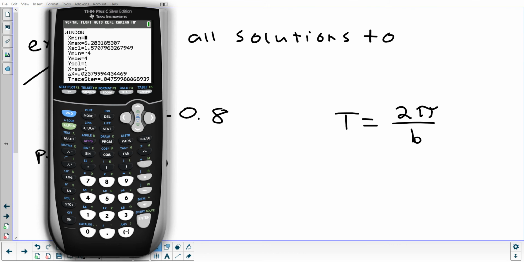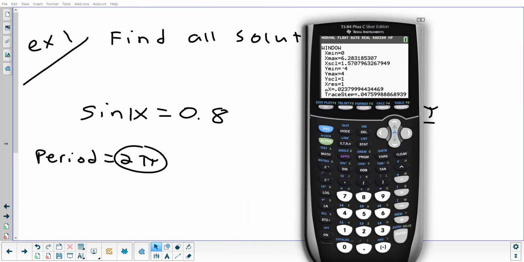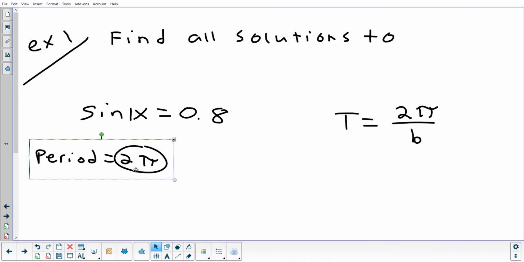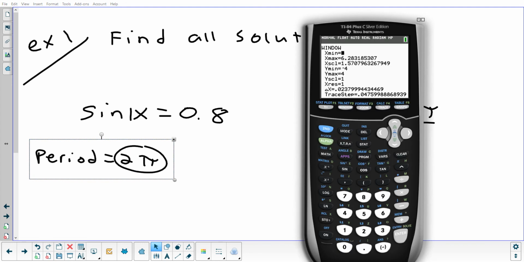Check my window. Remember that the width of the window has to be the length of one period. So you want the window to be 2 pi units wide. You could do 1 pi to 3 pi, you could do 5 pi to 7 pi. That's why I don't like to always read off the answers from this section, because the book doesn't use the same section that you might.